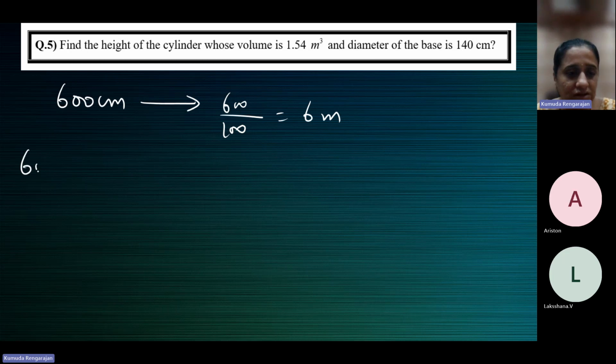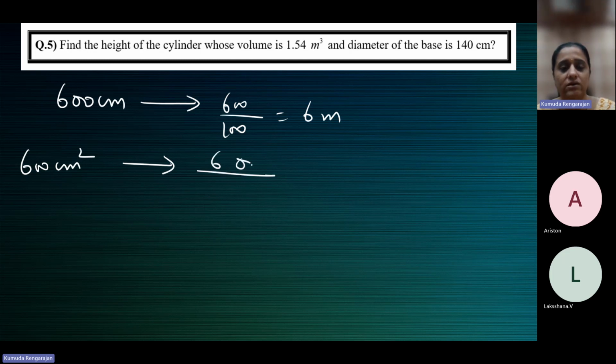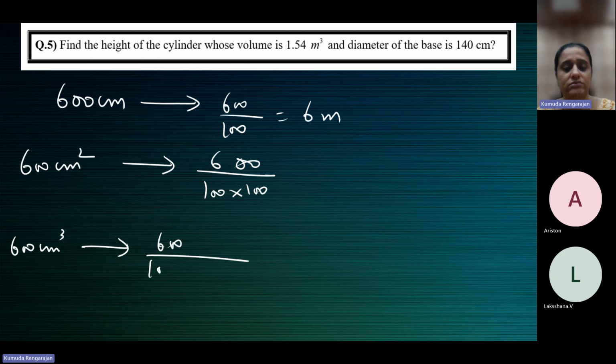To convert 600 centimeter square to meter square, centimeter to meter, divide by 100. Centimeter square, you want to convert that to meter square, so you should divide by 100 2 times. So to convert 600 centimeter cubed to meter cube, you need to do the same thing 3 times.